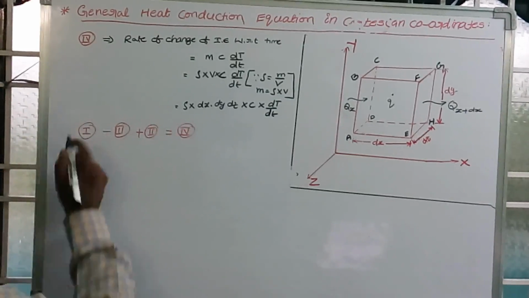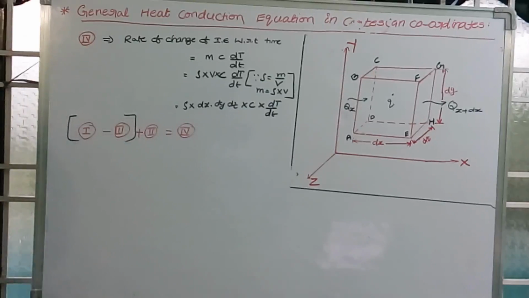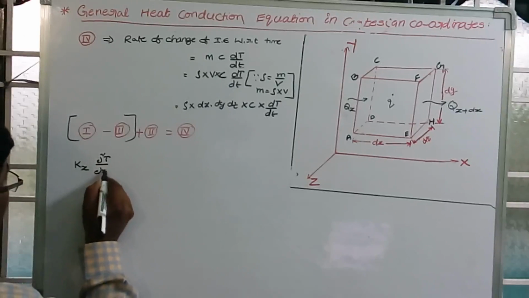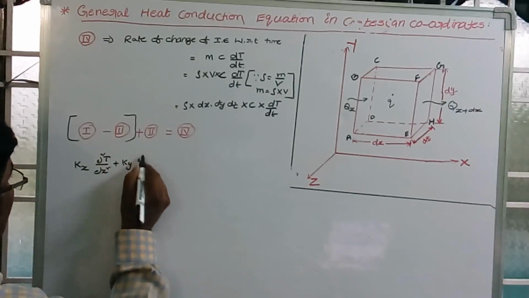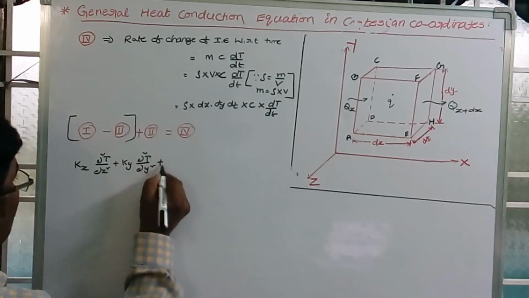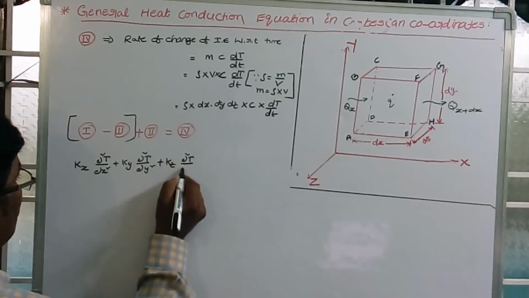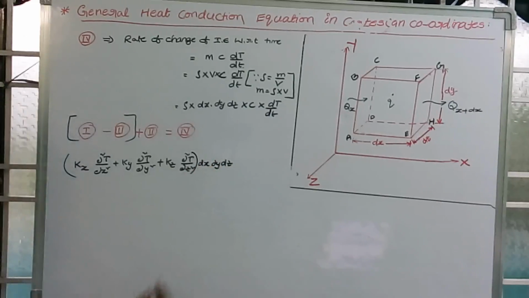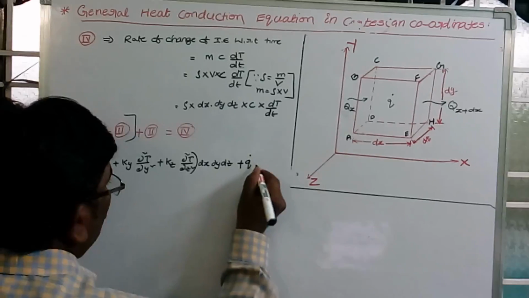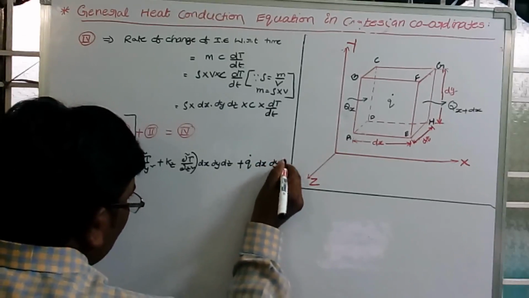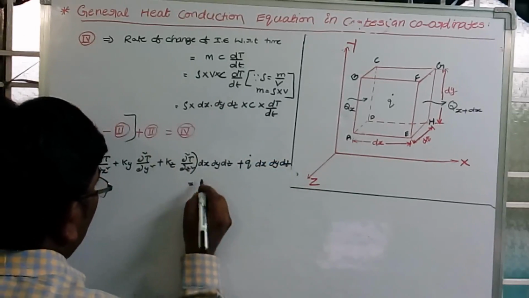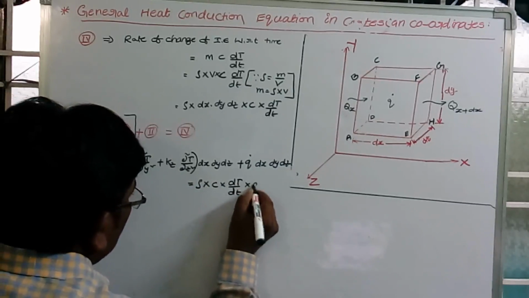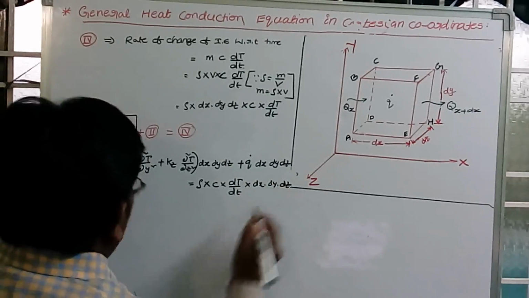So 1 minus 3, in 3 directions, is kx into dou square T by dou x square plus ky into dou square T by dou y square plus kz into dou square T by dou z square into dx into dy into dz, plus q naught into dx into dy into dz, is equal to, this is the fourth equation, rho into c into dT by dt into dx into dy into dz.